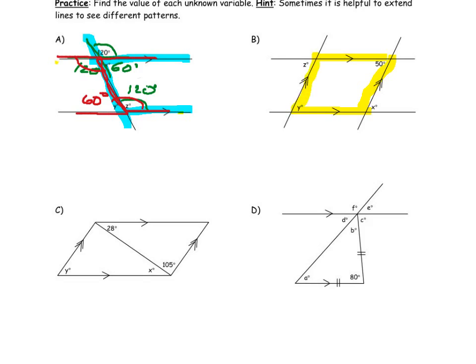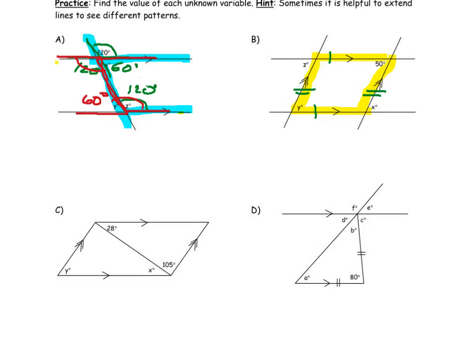And parallelograms have special features that you should be aware of. For example, this side and that side are not only parallel, but they're also equal in length. This side and this side, same thing. Parallel, also equal in length.